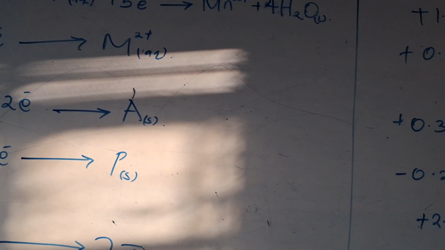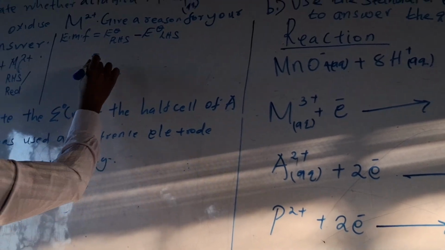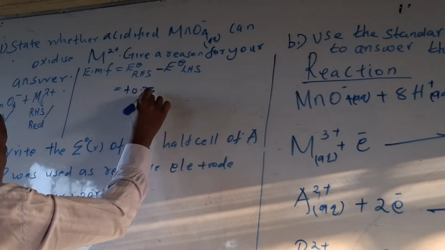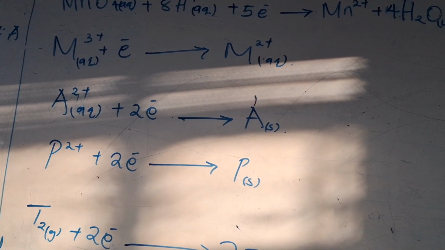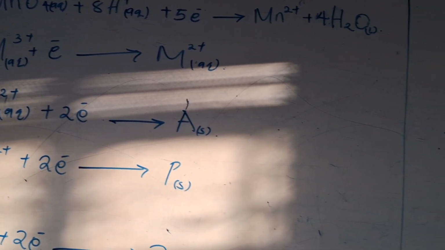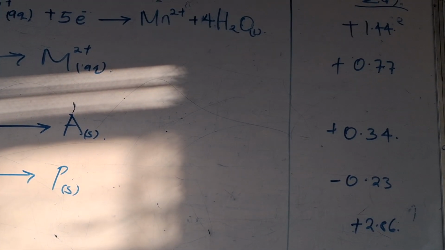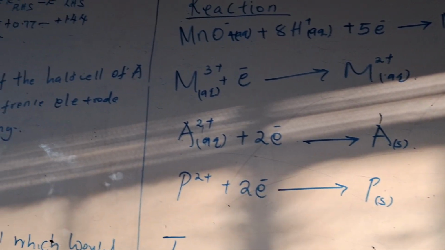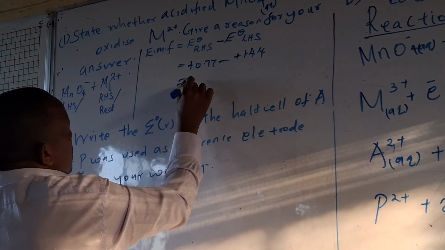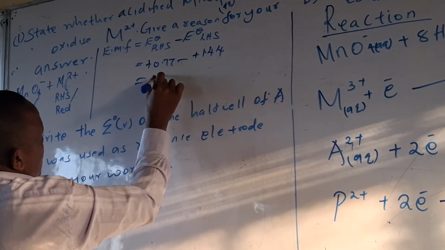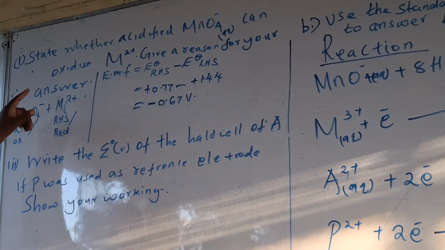Positive 0.77. Are we together? So here we have positive 0.77 less the standard electrode potential of manganate, positive 1.44. Use your calculator. What do you get? Negative 0.67 volts.